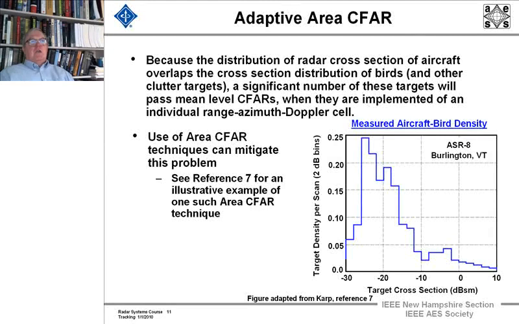So you can see that the area CFAR techniques can be very sophisticated and an area of great intellectual depth, which is data-driven. Because pretty much all this stuff can be programmed in one PowerPC. But it's the algorithms that you implement that make the real difference. And they need to be tested in the real environments that you're going to work under.